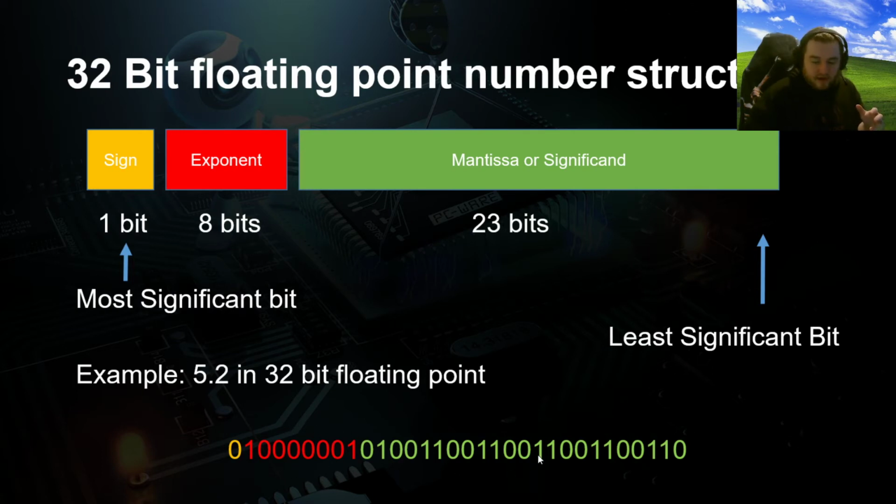And then the significand or mantissa is just the number itself. So this is a floating point number, and this is 5.2 in particular. What this number stores is the number 5 and then the number 0.2, and I'll show you why it's got all these zeros and ones in it for 32-bit at least.